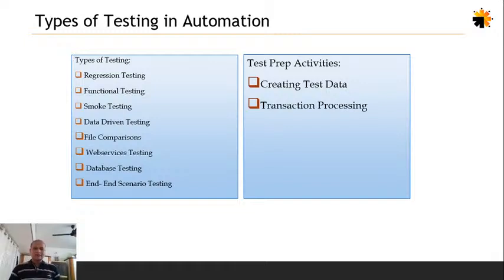So typically we label this as smoke and sanity check, just to ensure once we get a fresh new build, we have these 20-25 odd scenarios which we typically execute, just to ensure the health of the application, whether we are good to get started with the full-fledged testing, a yes or a no. Okay, data driven and file comparison, so this all will come into the automation category.